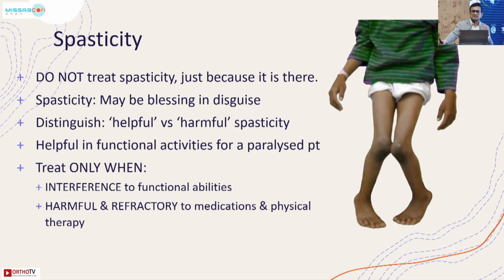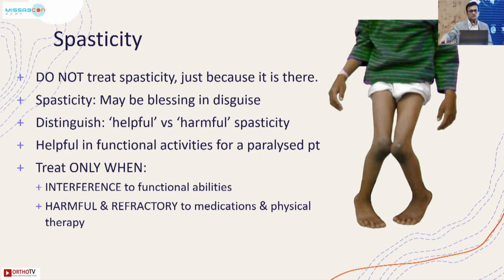Helpful spasticity means that, wherever it overlaps with weakness, it helps in maintaining posture. It masks the underlying weakness. That is what we call helpful spasticity, and this type should not be targeted or treated.